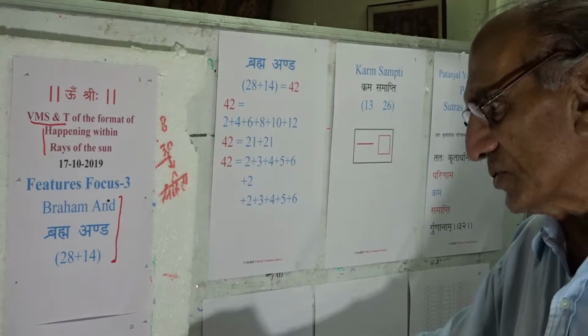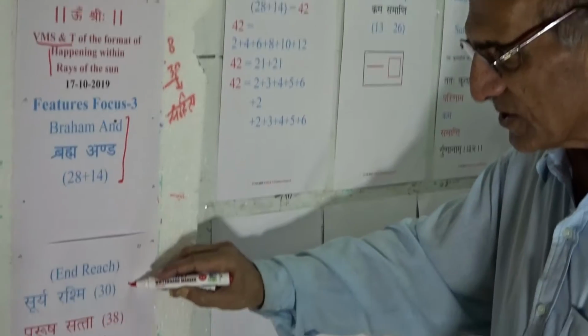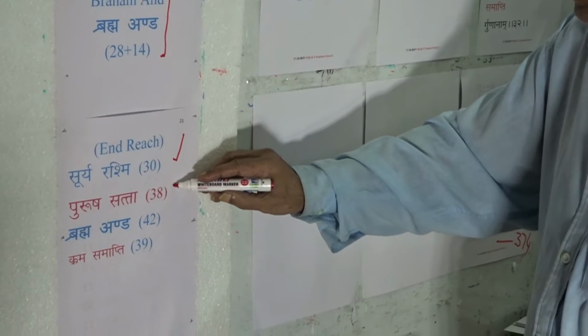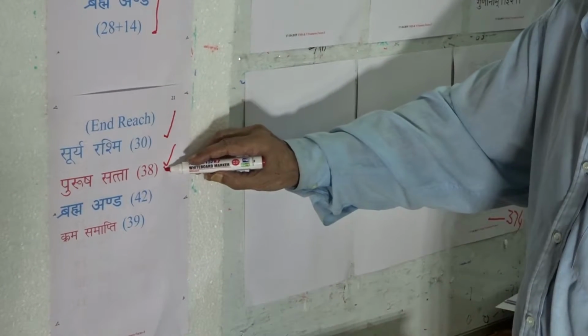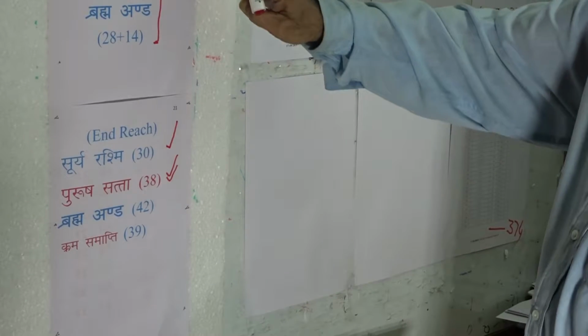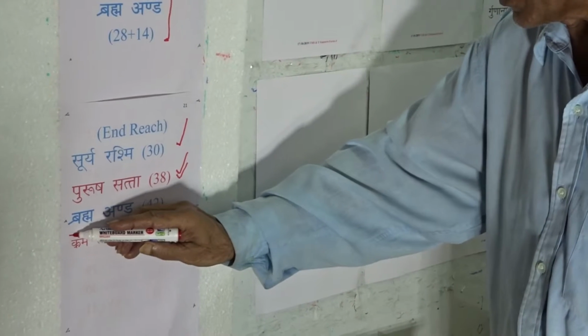At the previous two phases, we were at the source reservoir pillars Surya Rashmi and Purusha Satta. The end reach of this chase will take us to Kram Samapti.